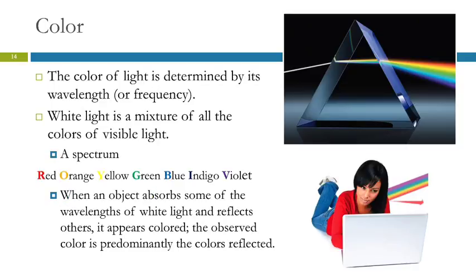And the way I learned to remember that was Roy G. Biv. Like somebody's weird name, like his first name's Roy and his middle initial's G and his last name's Biv, right? Red, orange, yellow, green, blue, indigo, violet.